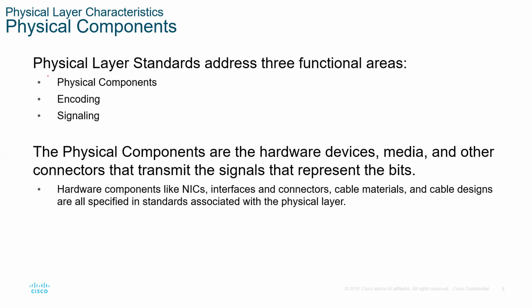We are going to be looking at encoding and signaling in the next slides. The physical components are the hardware devices, media, and other connectors that transmit the signals that represent the bits. Hardware components like the NIC, interfaces, connectors, cable materials, and cable designs are all specified in standards associated with the physical layer. So I've already said, for example, EIA is responsible for these cable designs.